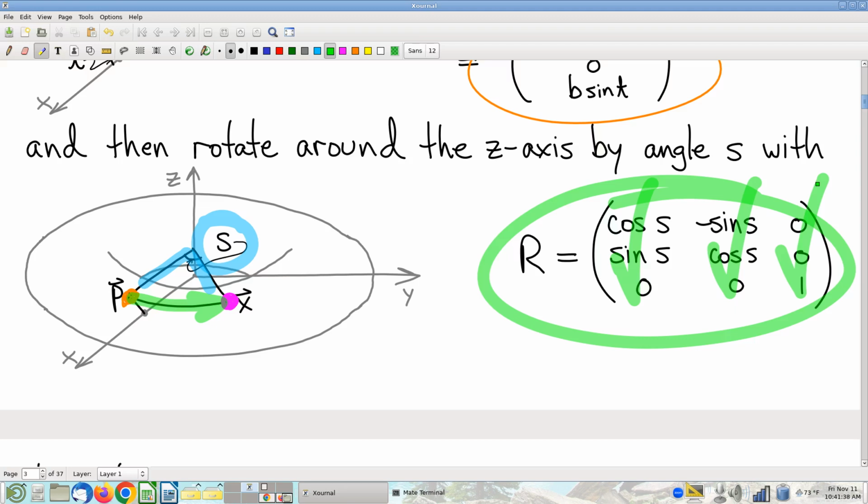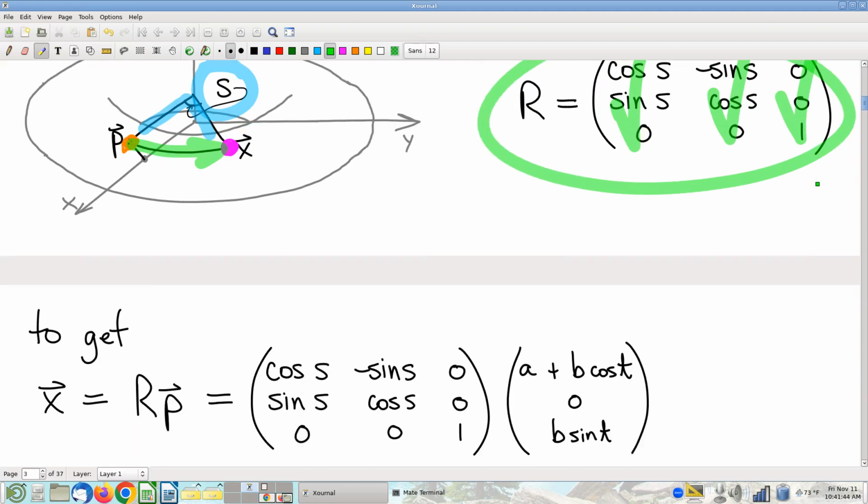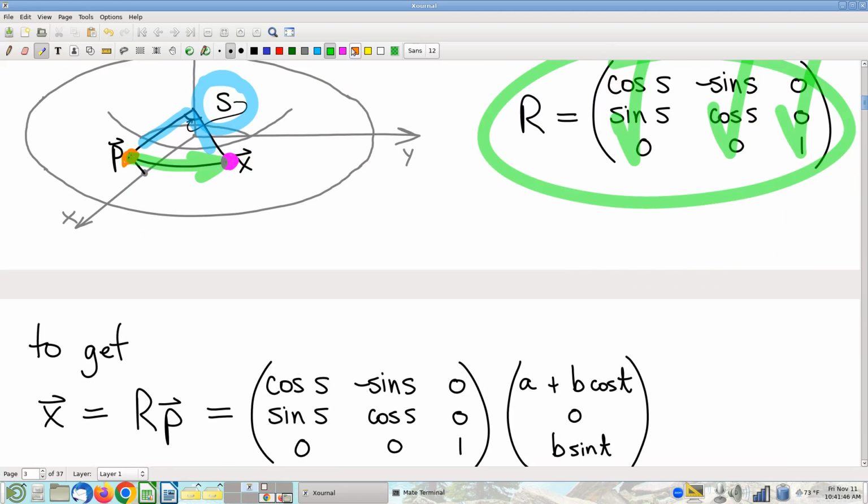Okay. All right. So it's all over at this point. We know the coordinates of this orange point. The orange point is P. I need to rotate it by this matrix R over here.